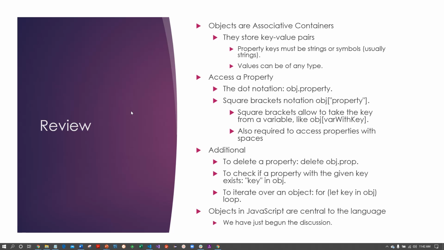Square brackets allow you to take the key from a variable, like object variable with a key, but are also required to access properties with spaces. To delete a property, you can use the delete keyword, object.property, and it will remove the property from the object. To check if a property exists with a given key, you can use is the key in the object. And to iterate over the object, you use the for in loop.